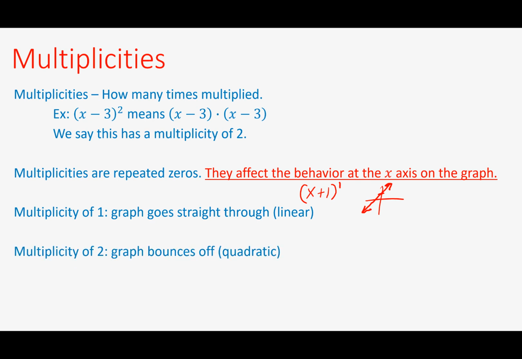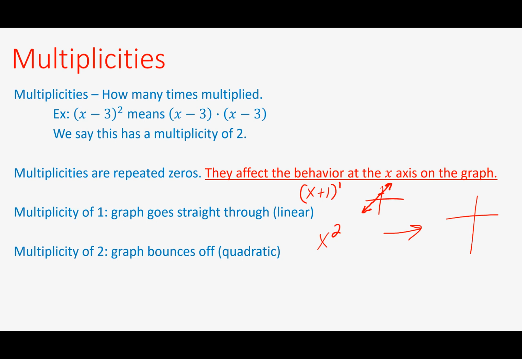A multiplicity of 2. Our graph will bounce off the x-axis. So for example, a multiplicity of 2, let's say we have x plus 3 squared. All right, x plus 3 squared. Let's just do it as x squared. That'll be easier.